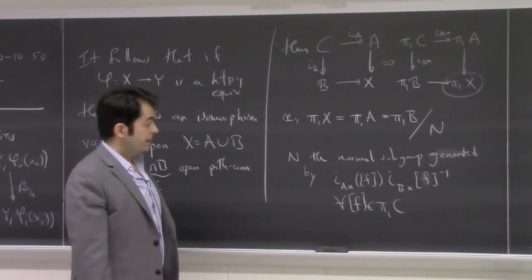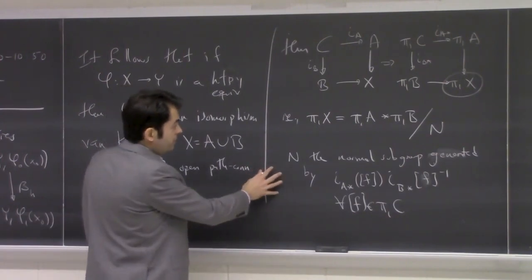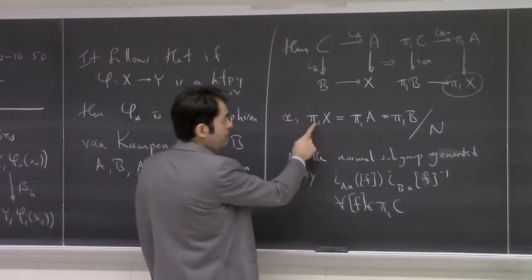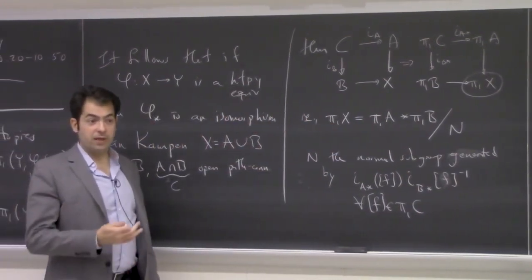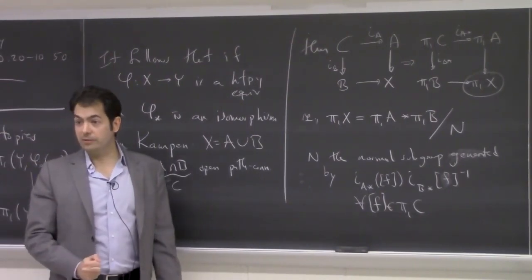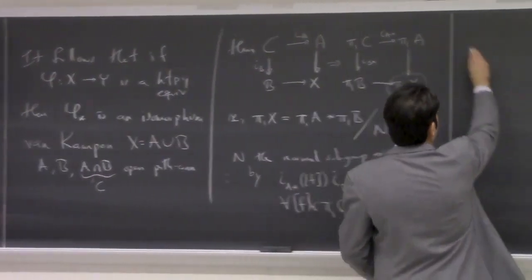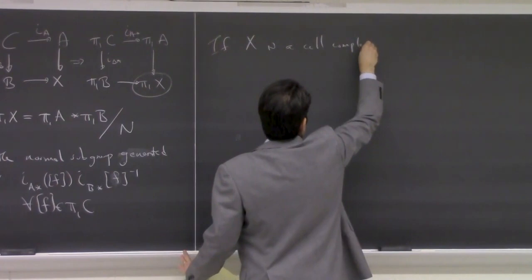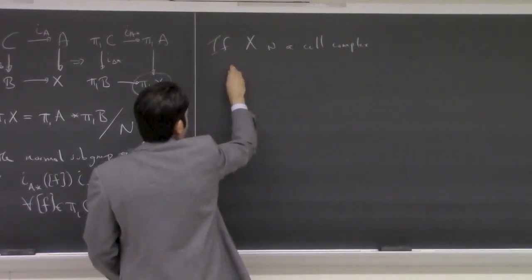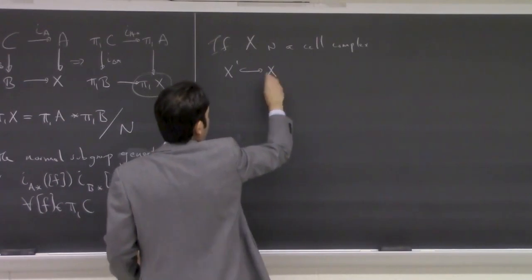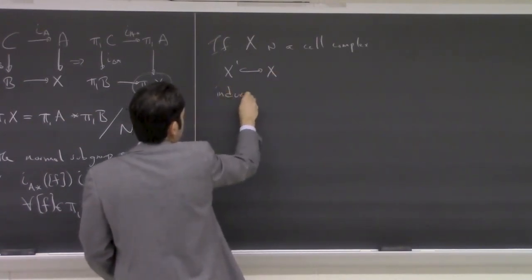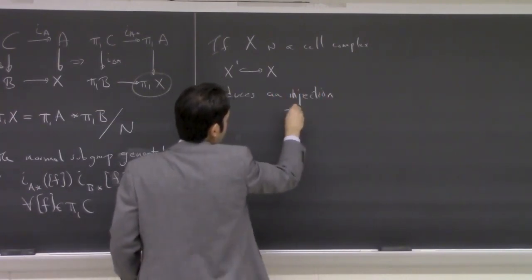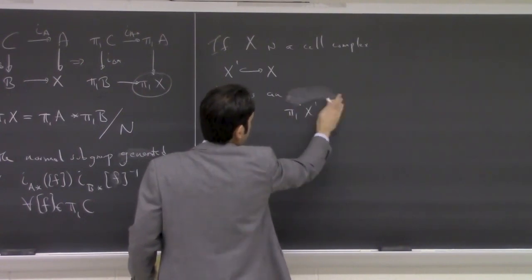Okay. So we saw several examples of using the Van Kampen theorem with two sets to compute a fundamental group. In particular, for cell complexes, this works very well. If X is a cell complex, then the inclusion of the one skeleton induces a surjective map.